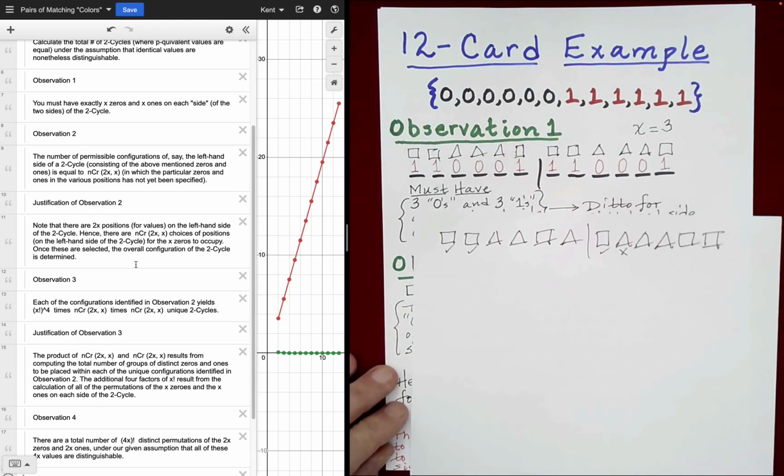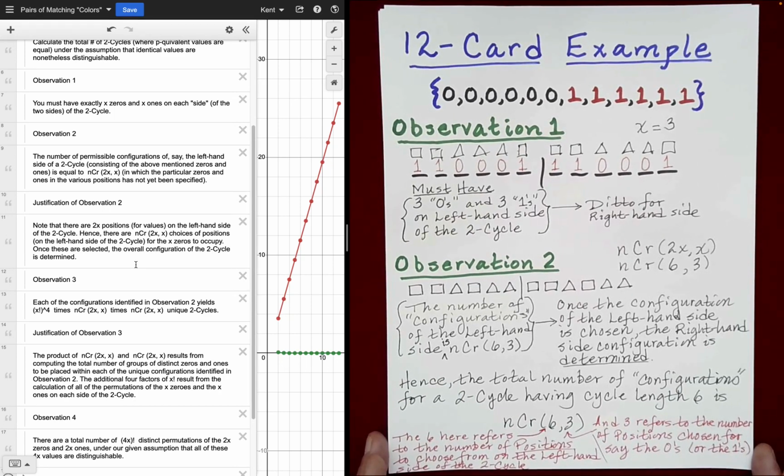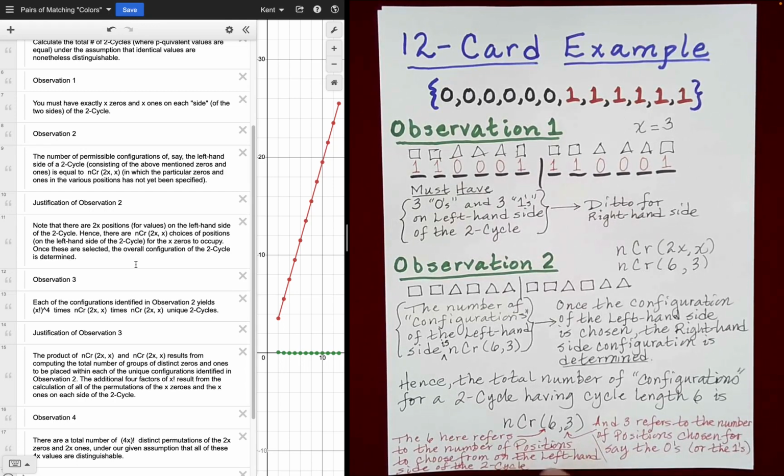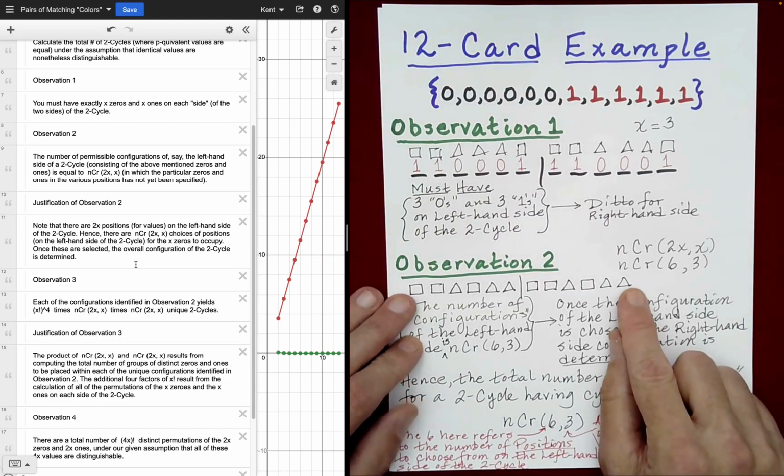So the skeletal structure is giving you an overall view of where values of a certain kind can be placed so that when those values are in place, it truly is a 2-cycle relative to the values 0 and 1. So the question is, how many ways can you create these skeletal structures?